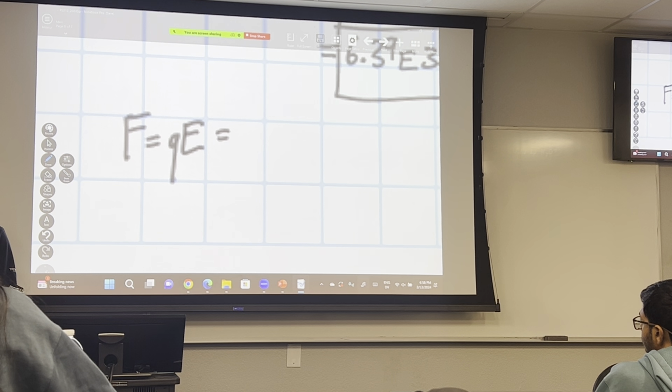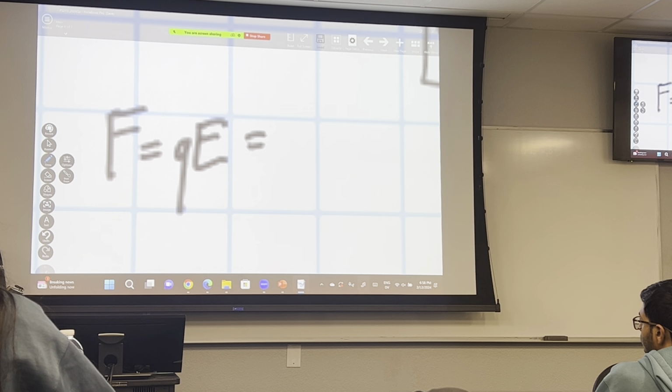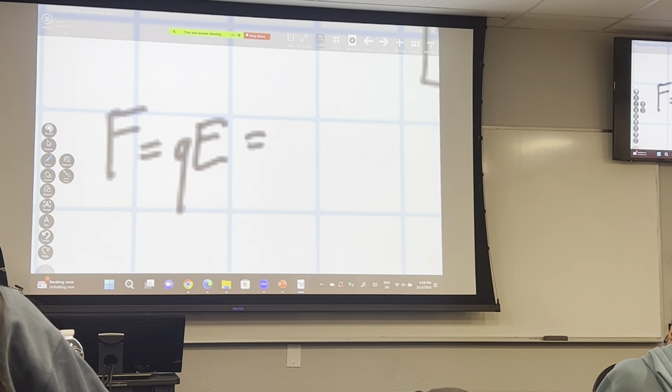What does that number represent? It's the charge of an electron. It is not the number of electrons. I saw that in the quiz. Q is the charge corresponding to that electron, not the number of electrons.